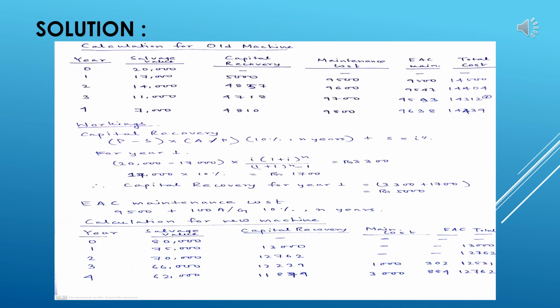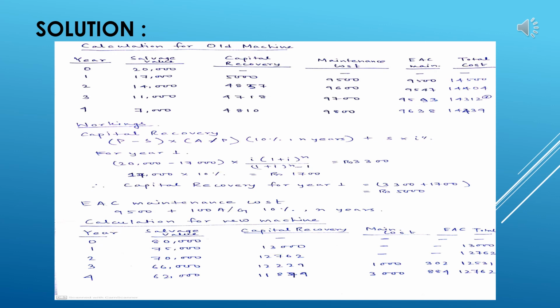But in case of maintenance cost for second, third and fourth year, in one of the previous slides we had talked about the concept of gradient, where I was talking about a fixed part and a part which is generally increasing over the period of time. If we see at every single point of time here, the maintenance cost for first year is constant, which is at 9,500.